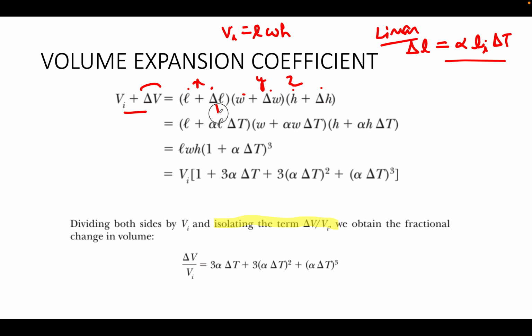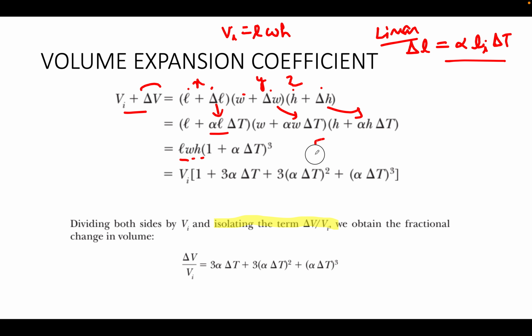So I'm putting those values, delta L, delta W and delta H, using the linear expansion coefficient expression. On putting these values, take L, W and H as common outside because it's coming in every expression, and within the bracket you will get (1 plus alpha delta T) whole cube.